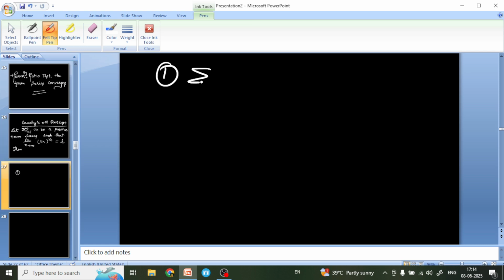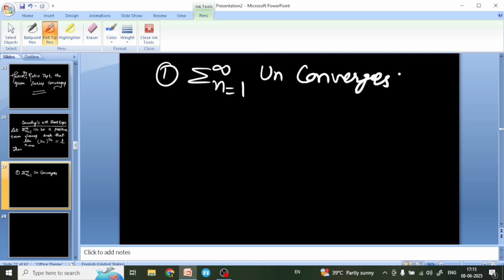First, the sum from n equal to 1 to infinity of un converges. When will it converge? If L is less than 1.